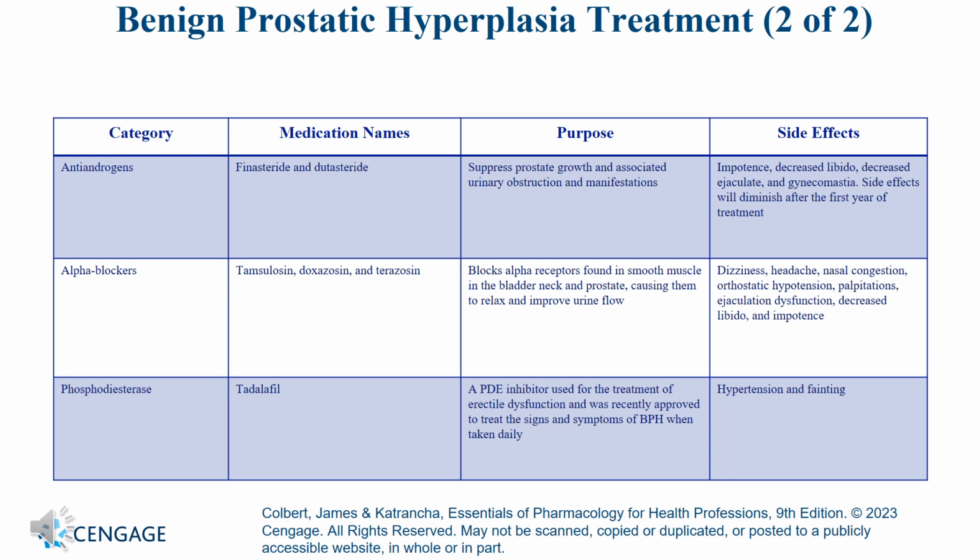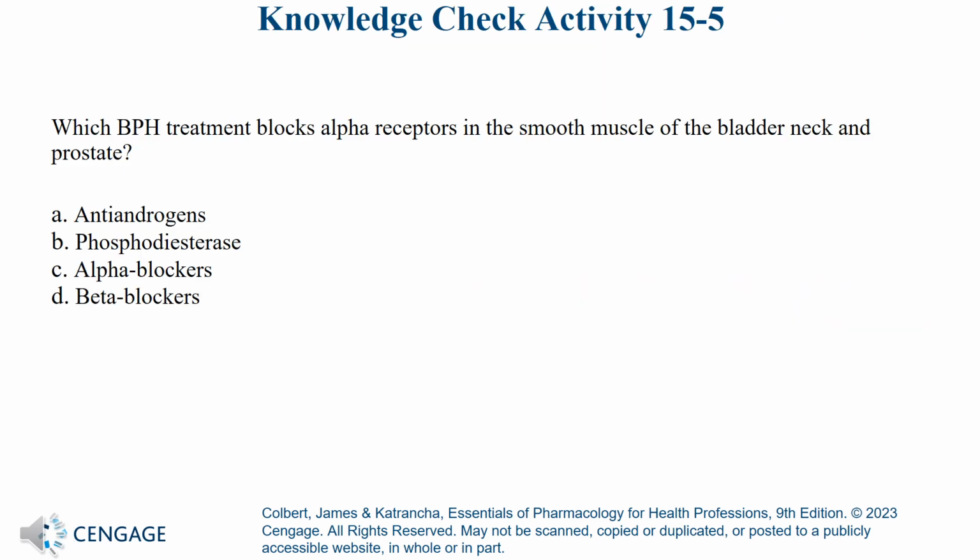I'm going to let you read that and make sure that you understand what each category is, what their purpose is, and what their side effects are. Make sure you understand that. Okay, check your knowledge. Which BPH treatment blocks alpha receptors in the smooth muscle of the bladder, neck, and prostate? Look at your choices and write your answer down. We'll check it at the end.